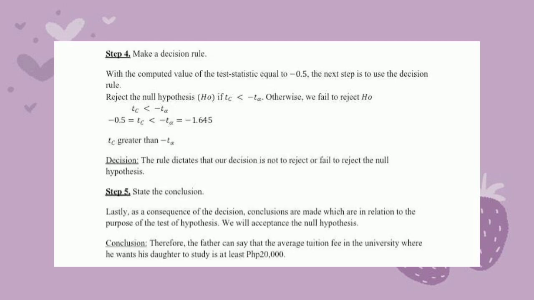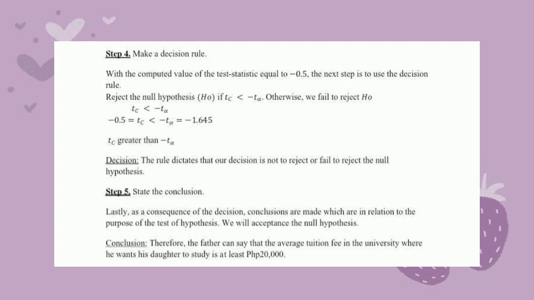With the computed value of the test statistic equal to 0.5, the next step is to use the decision rule. Reject the null hypothesis if the computed test statistic is less than the negative critical value. Otherwise, we fail to reject our null hypothesis. The rule dictates that our decision is to fail to reject the null hypothesis.